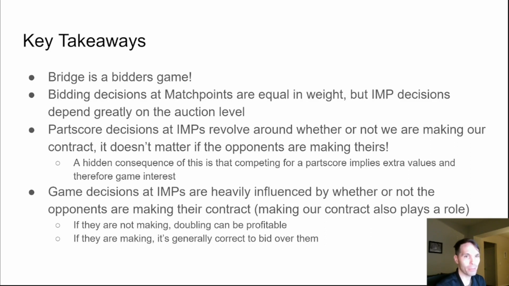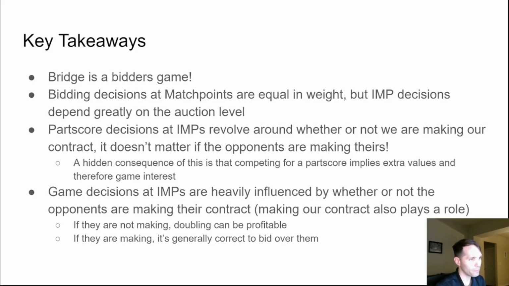But the counter argument is if the opponents are making, it's generally correct to bid over them. For one thing, the opponents might then bid to the 5 level or a higher level, over compete, and you've pushed them up a level. And now you can decide, do you want to double them? Do you want to pass?